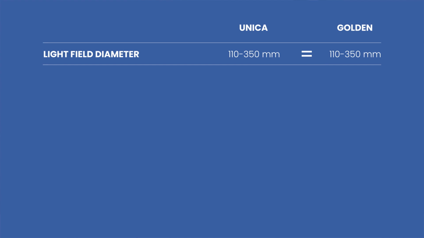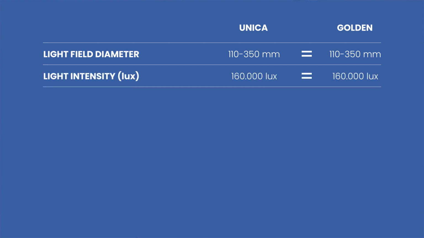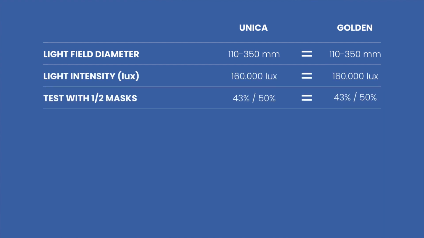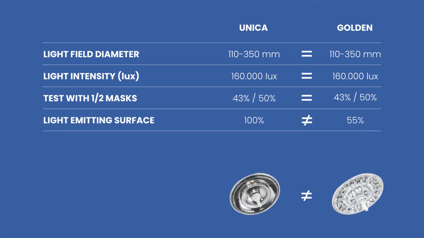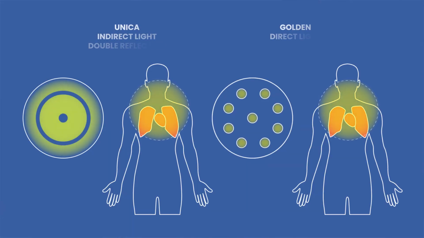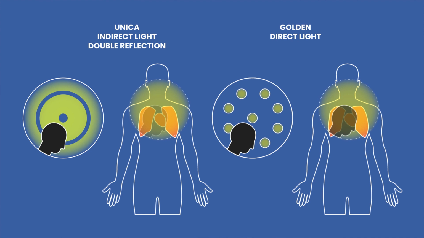While both lamps offer the same lighting specifications, when measuring the areas of the illuminated focus, the intensity in terms of lux, or even the test values with masks, the lamps appear very different from each other, and it's easily possible to perceive this difference once being used. Let us imagine the case of an operation and imagine that the surgeon is positioned between the dome and the surgical field, thus covering part of the lamp.